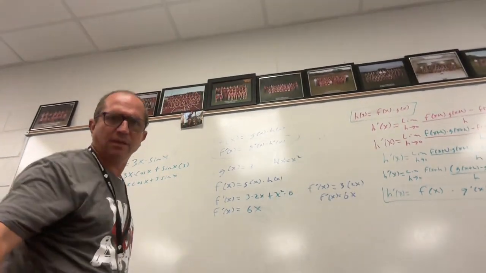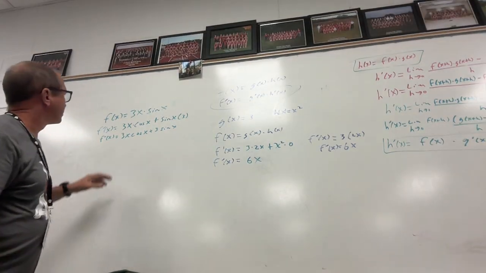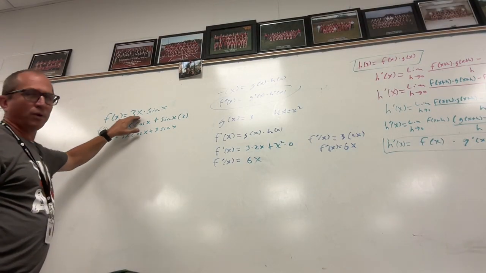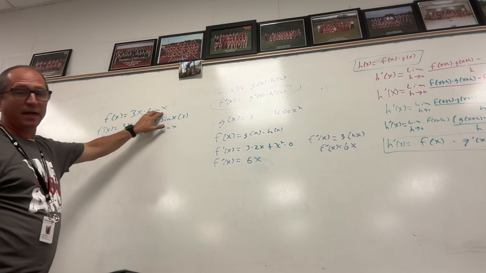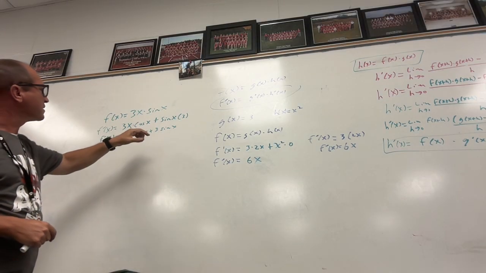Now, another example we looked at, and we proved this in class last time, we're going to let 3x be our first term here, and sine x, which was what we proved last time, its derivative is cosine of x.